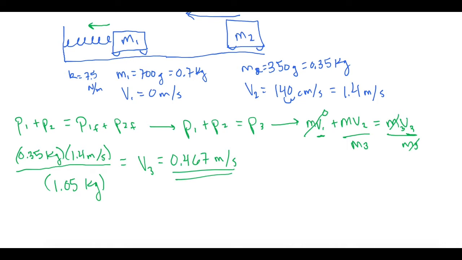So now we can use energy conservation. We're just going to look at the spring, and we're going to have some kinetic energy plus some spring potential energy, and these are both initial. And that's going to equal some kinetic energy final plus some spring potential energy final.